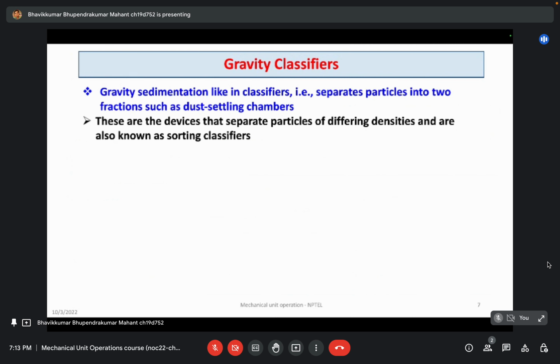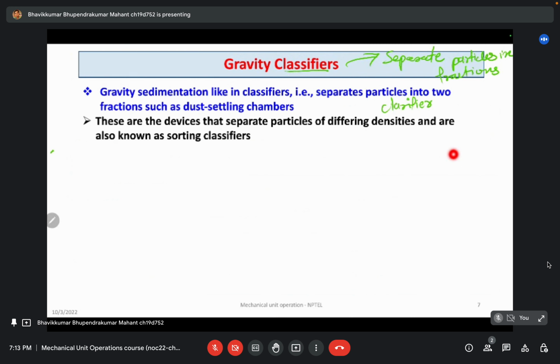Obviously, when we talk about classifiers, they separate particles into different fractions, and when we talk about clarifiers, they are used for removing solid particles from the liquid. So there are two terminologies: one is a clarifier and one is a classifier.